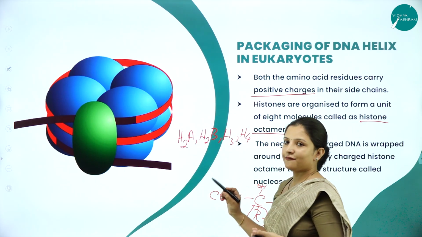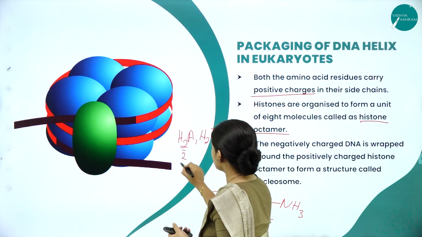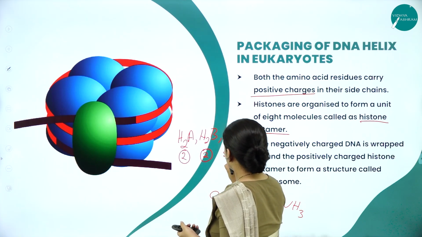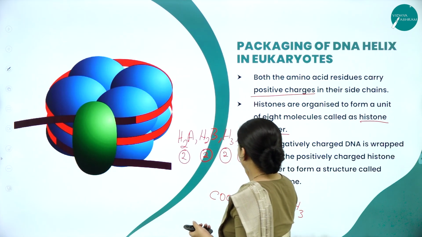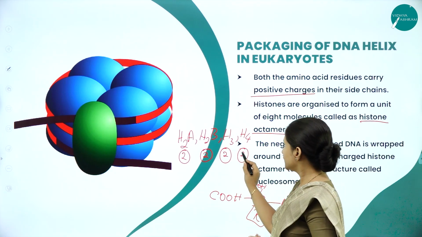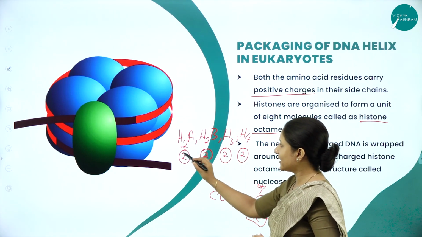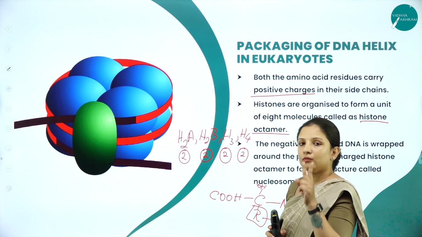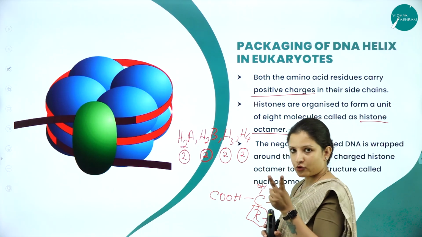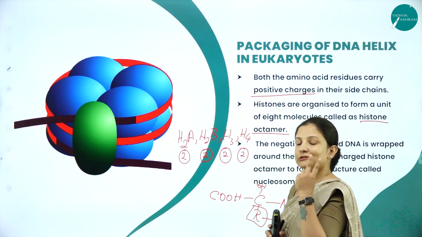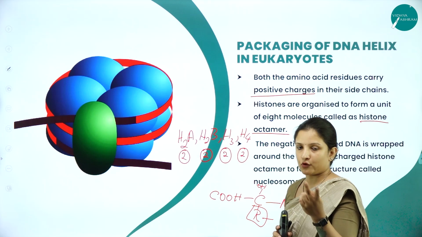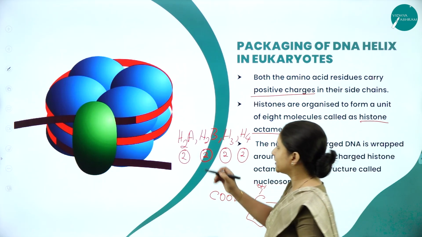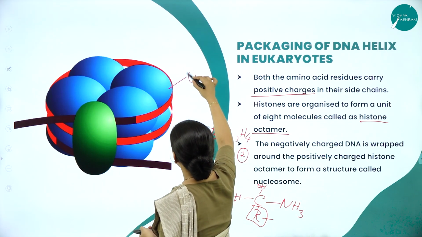So how many are there? 4. In how many numbers are they present? 2 each. So therefore it will be 8, right? That is 2 H2A proteins, 2 H2B proteins, 2 H3 and 2 H4. Therefore 8. That is why we call it an octamer.